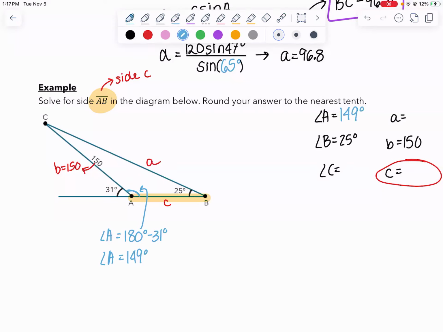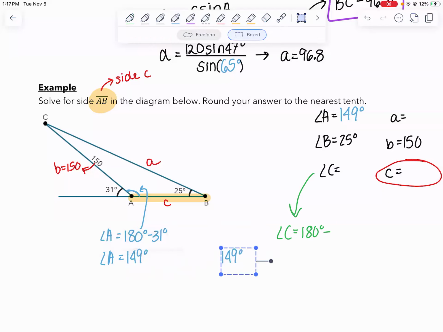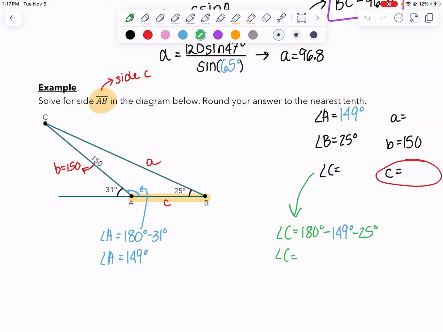We need to find angle C in order to go anywhere further. So angle C will be 180 degrees minus angle A, 149, minus 25 degrees, because that's angle B.